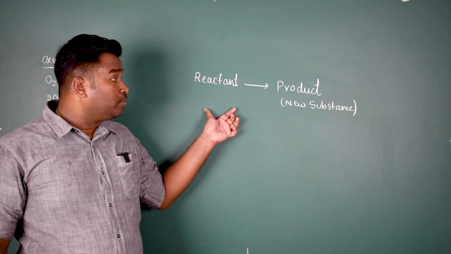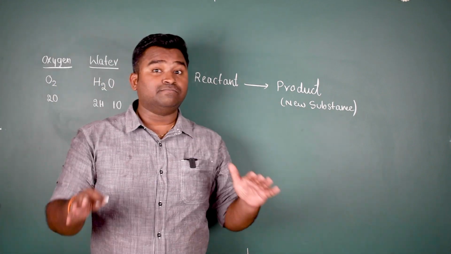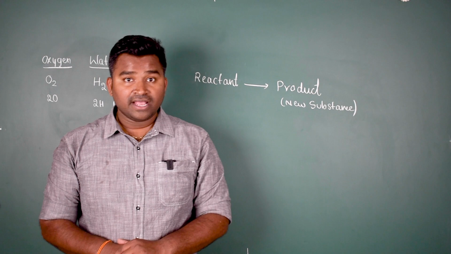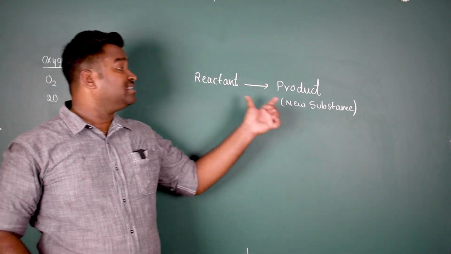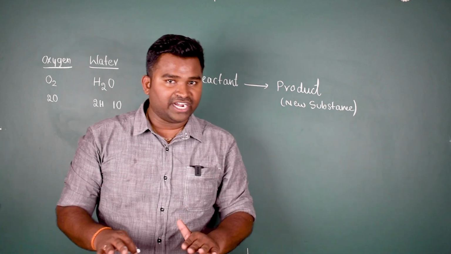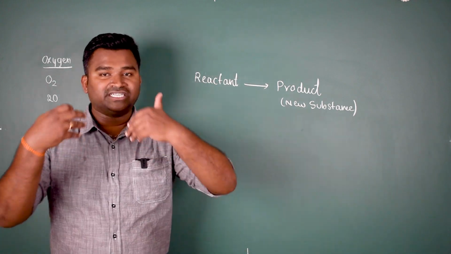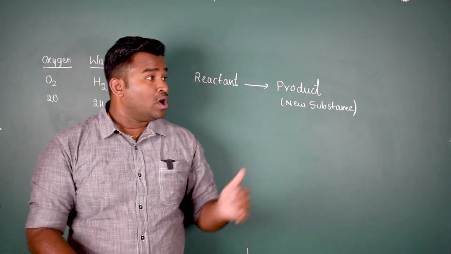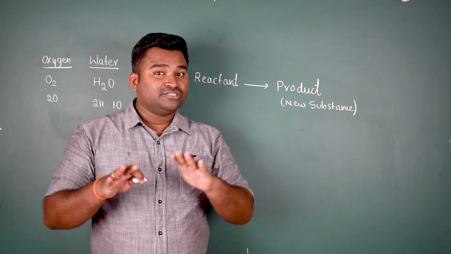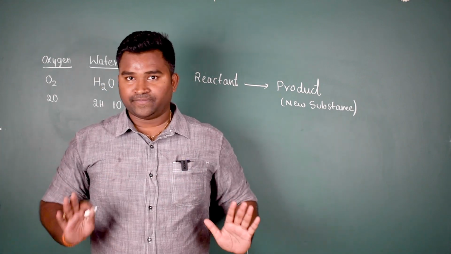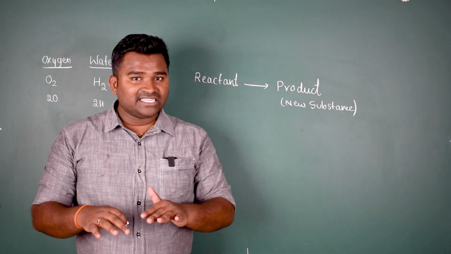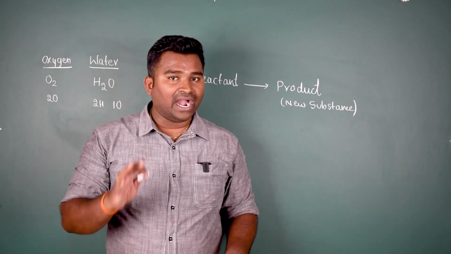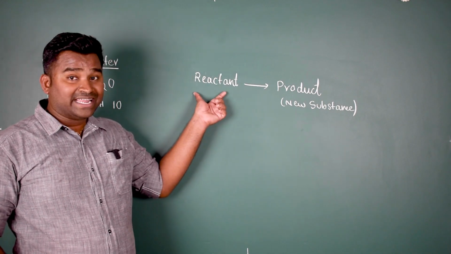Then the composition of the atoms in the substances must be different, correct? Then how can the composition of the substance in the reactant and the substance in the product be different is the question. If I can explain you how the composition is changing, then my job is done, correct?